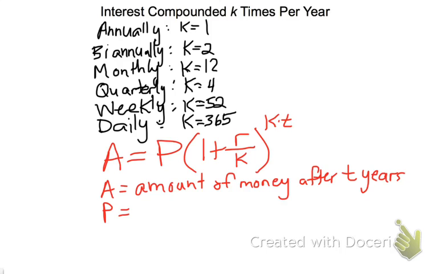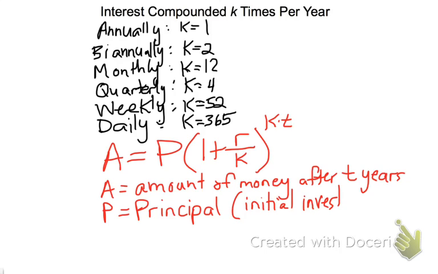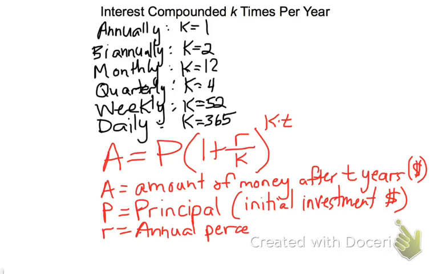P is your principal, another way of saying your initial investment. That's in dollars. The amount of money A is also in dollars. R is your annual percentage interest rate.